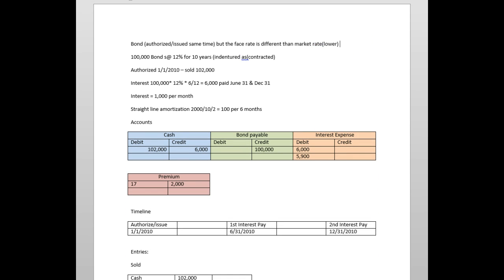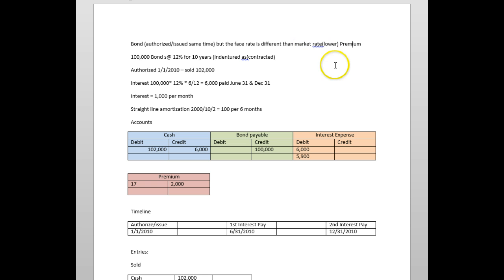This is a premium, a bond sold at a premium. And basically what that means is the bond is authorized and it's issued, and it could be at the same time, but between the authorization and the issue, or between when the bond was written up, the face rate of the bond no longer matches the market rate.